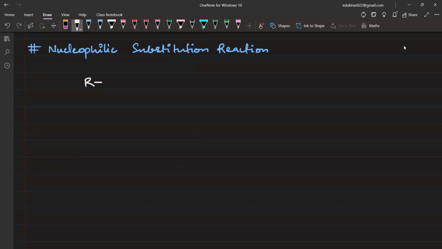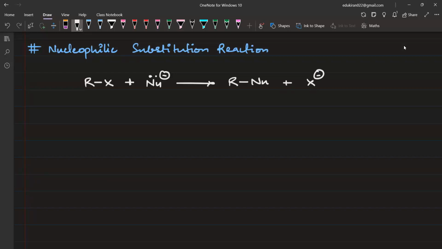In the reactant you will have haloalkane. Then there will be some nucleophile, and nucleophile will generally contain a lone pair. Negative charge can be present or not, but a lone pair will definitely be there. Basically, the nucleophile will replace the halogen as X negative.